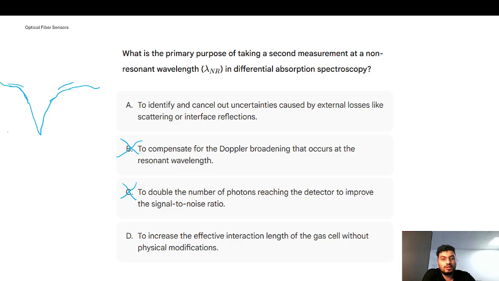We can't use non-resonant wavelength to double the photons. Then to increase the effective interaction length of the gas cell without physical modification, which is also not relevant, because there is no relation with the length, it's a constant for the detection. That's how the correct option is option A, because of the scattering or interference reflection it is happening.